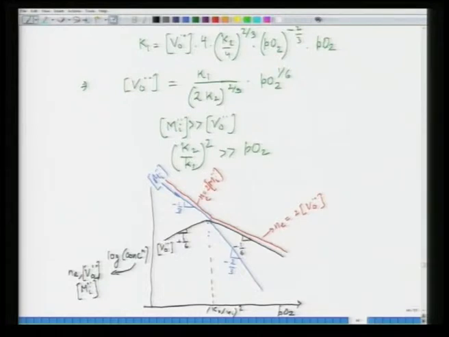So we constructed on this basis a plot of concentration of defects versus partial pressure of oxygen, where we clearly see how the defect concentrations vary as a function of oxygen partial pressure.